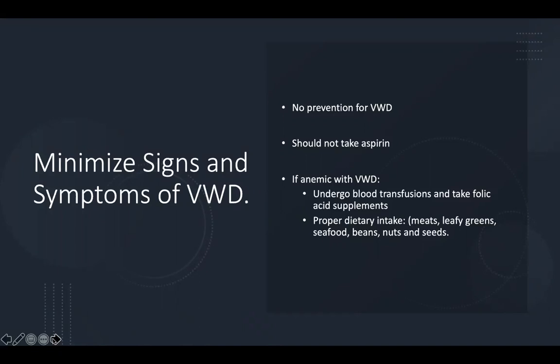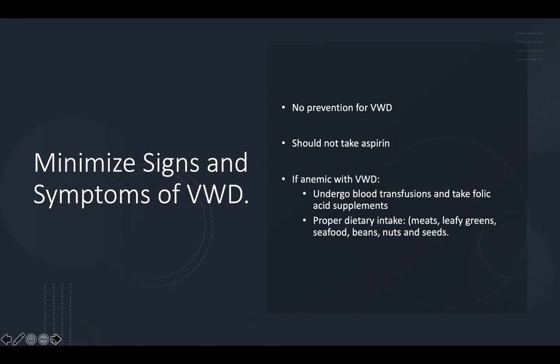Second, patients should not take aspirin, and if so, should stop immediately because aspirin, as you know, decreases the blood's ability to clot. And it is commonly used for patients who may have had, say, a cerebrovascular accident or stroke. And since we already have a deficiency in our clotting mechanism, we don't need to decrease our ability to clot any more than it is.